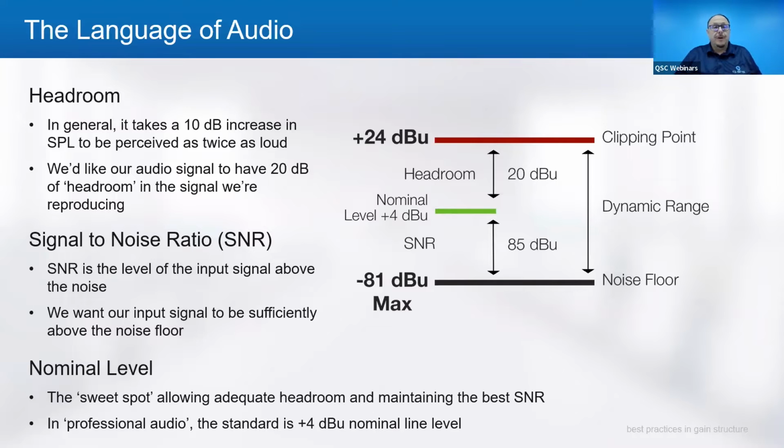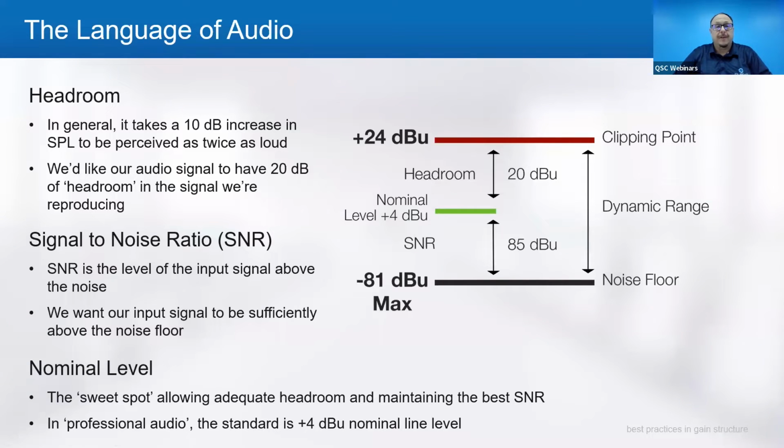Signal to noise ratio is the level of the input signal above the noise. When we set this level at plus 4 dBu, the signal to noise ratio is the difference between the noise floor and the nominal value that we've set our inputs at, right?